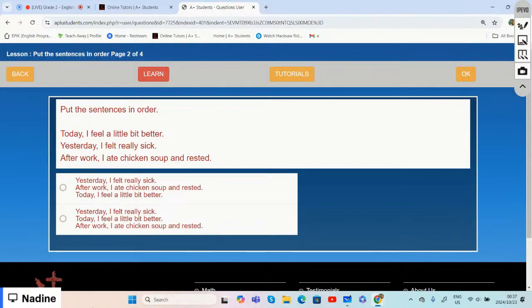After work, I ate chicken soup and rested. All right. So we need to put the words in order.